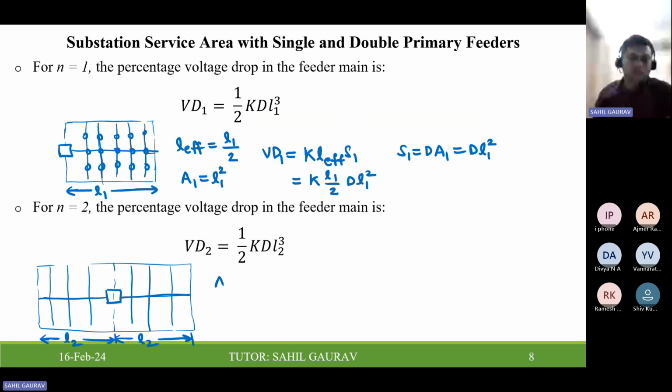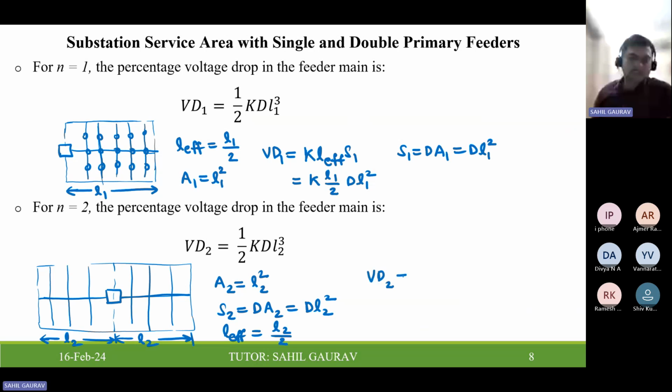For this case, area served by each primary feeder is L2 square, and then S2 will come as D into A2, so D into L2 square. L effective for uniformly distributed load with rectangular service area is L2 upon 2.